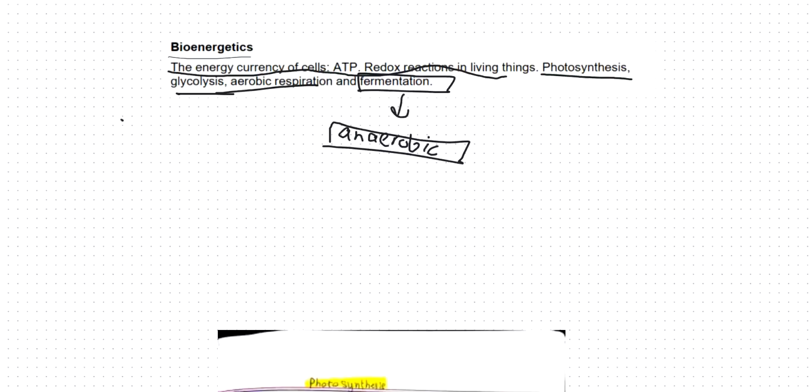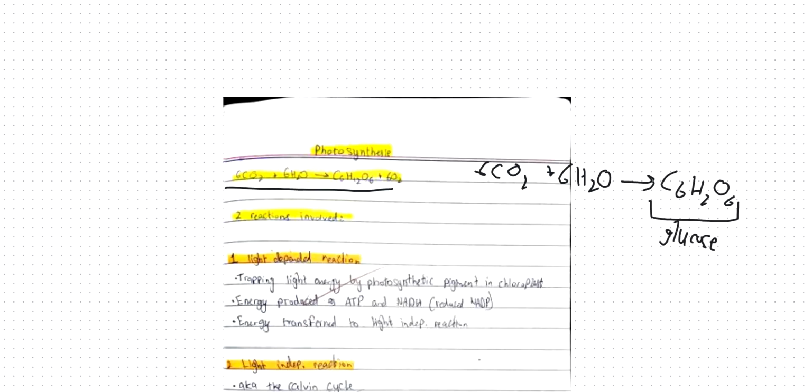So photosynthesis, the very famous equation, is 6 carbon dioxide reacting with 6 molecules of water to give C6H12O6, which is glucose, plus 6 molecules of oxygen. This is for photosynthesis. For respiration, it's the opposite.